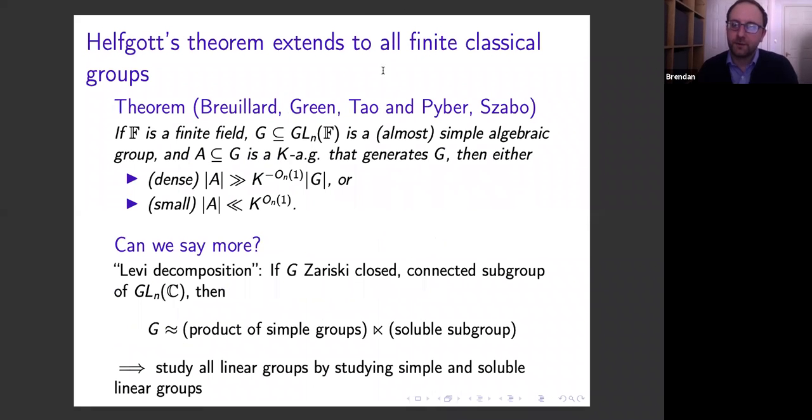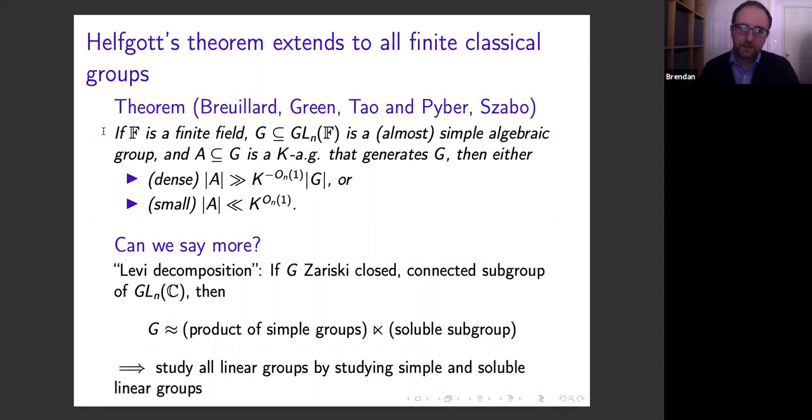Okay, so first, Helfgott's result on SL2 generalizes to all finite classical groups and actually a slightly wider array of groups. This result was announced the same day on arXiv by Breuillard, Green, and Tao, and separately by Pyber and Szabó.